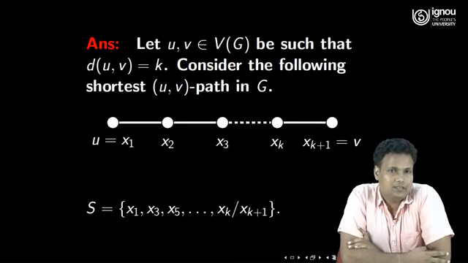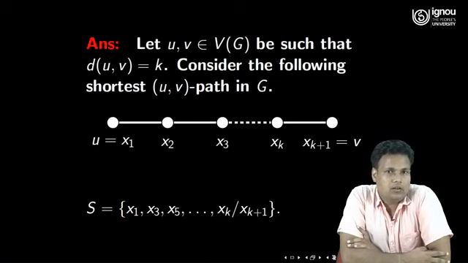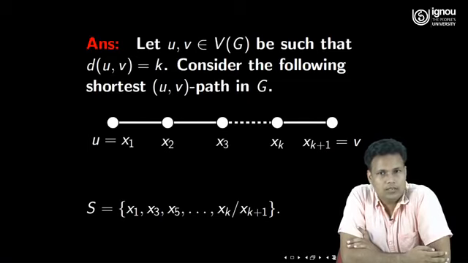So we just take the set S equal to {x1, x3, x5, and so on}. Then the last vertex could be xk or xk plus 1, depending on whether k is odd or even. If k is odd, then we consider the last vertex to be xk, otherwise xk plus 1.